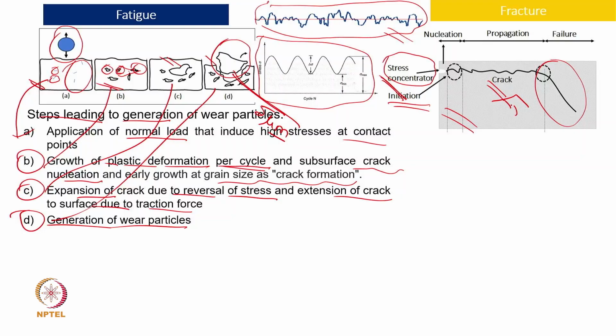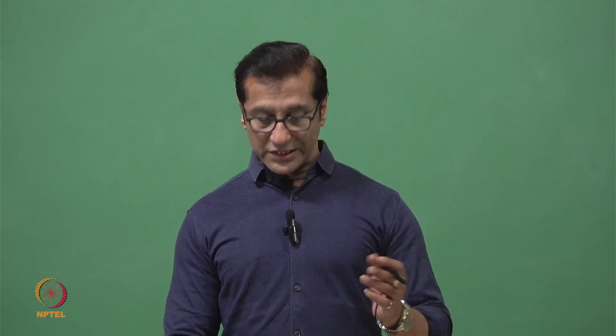So we have more emphasis on the fault, but not on the failure. Most of the books cover the fatigue failure or fatigue fracture, and they indicate the failure. However, we are talking about the fatigue fracture in terms of wear debris, which can be even micron size. So it is not a complete failure, it is an initiation of failure, and we can take a remedial action on that.